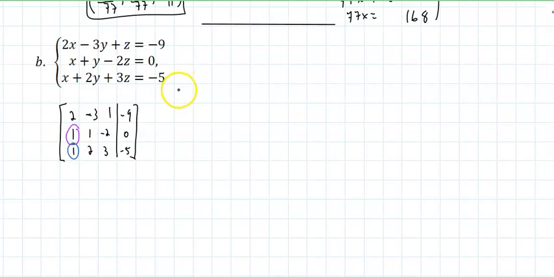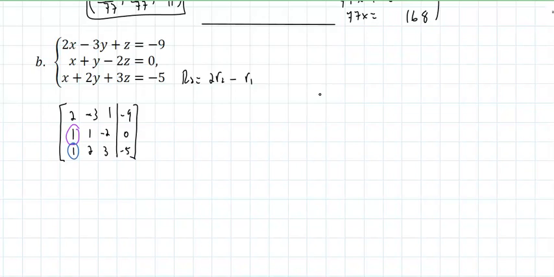Make sure you write down what you're doing. I'm going to let row 2 equal, well, if I multiply row 2 by a 2 and add it to row 1 and make one of those negative, that will work.